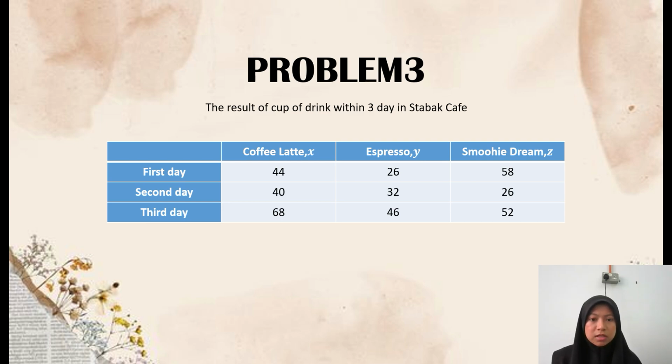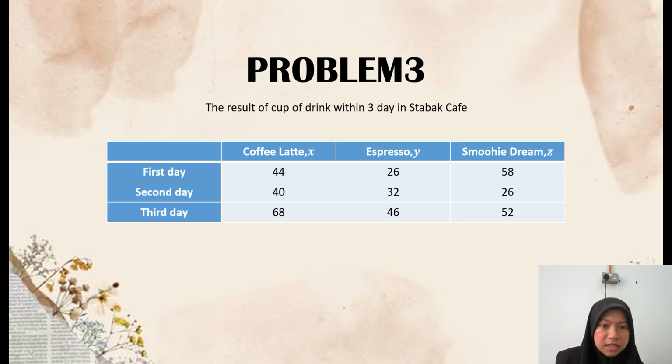This slide is about the total cups of drinks in 3 days in the cafe. We can see on the first day, coffee latte he gets 44 cups, espresso 26 cups, smoothie drink 58 cups. On the second day, coffee latte he gets 40 cups, espresso 32 cups, and smoothie drink 26 cups.